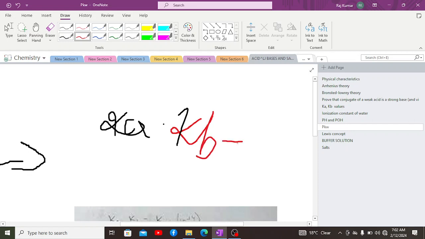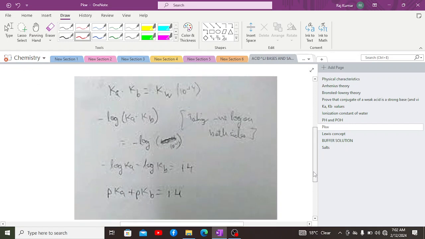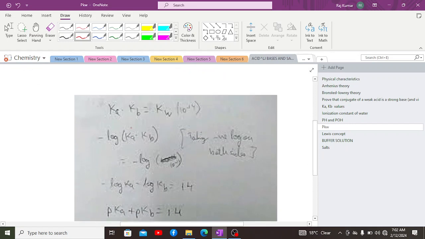Now when we further derive this equation, if we take the log on both sides, log of Ka into Kb on both sides, then it will become log of Ka plus log of Kb is equal to log of Kw.